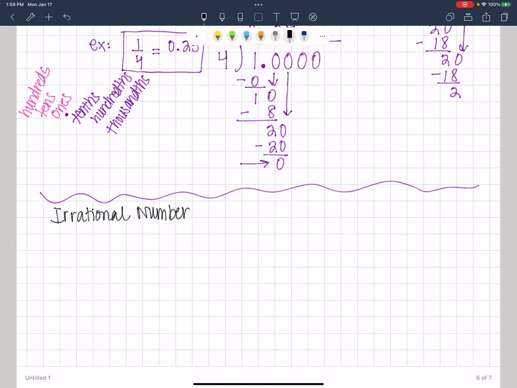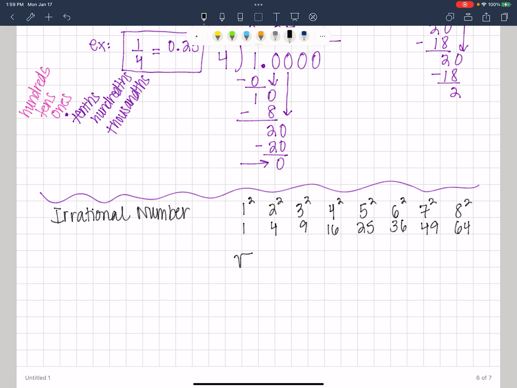So 1 squared is 1, 2 squared is 4, 3 squared is 9, 4 squared is 16, 5 squared is 25, 6 squared is 36, 7 squared is 49, 8 squared is 64, and so on and so forth.